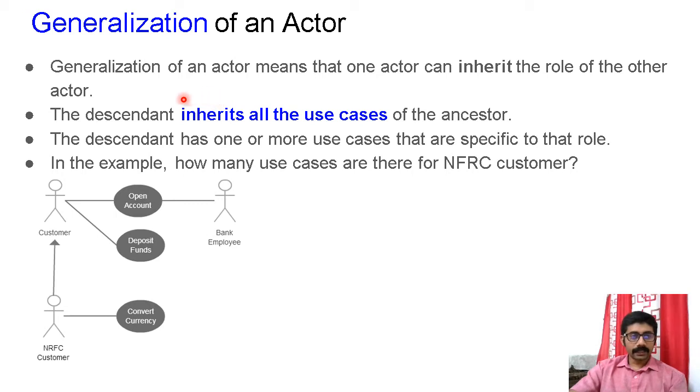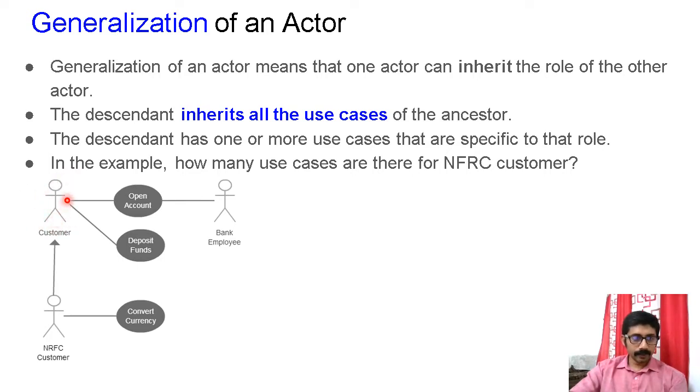Generalization of an actor. Generalization uses the concept of inheritance. Generalization of an actor means that one actor can inherit the role of another actor. The descendant inherits all the use cases of the ancestor. The descendant has one or more use cases that are specific to that role. Let us see this example. Here we have a customer.